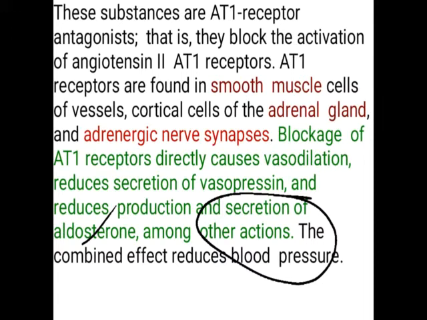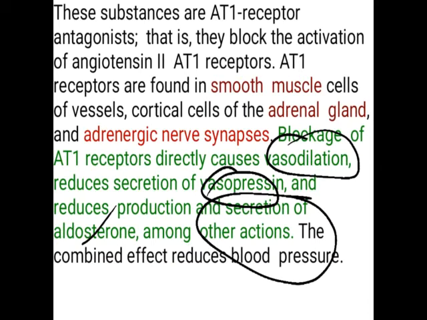They cause the contraction. So when we are giving the drug, instead of contraction, it shows the effect, that is the vasodilatation. In the adrenal gland, they are responsible to reduce the secretion of different hormones. They reduce the secretion of vasopressin, as well as in case of aldosterone, the production and the secretion of aldosterone also decreases.